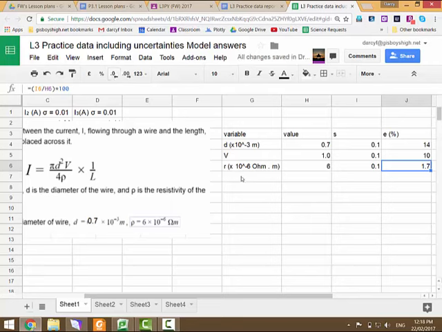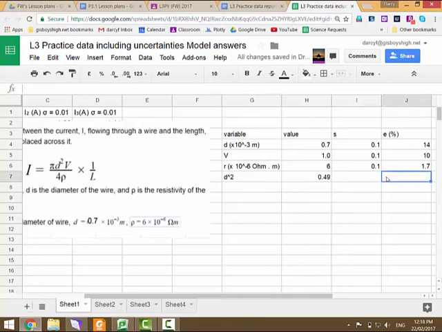Right, so the first thing I've got to work out, looking at here, is d squared. So what is d squared? It equals that value squared. Okay, 0.7 squared is 0.49. That makes sense.